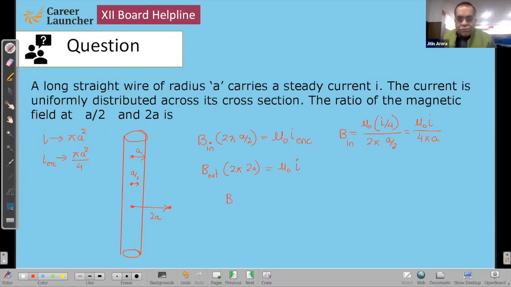So B out is also equal to mu naught I upon 4 pi A. So from here you can see that this B out is equal to B in. So if I have to find the ratio, it is 1:1. ठीक है ना बच्चों? Simple, easy to handle, but diagram should be correct and you should be able to understand what you're doing.